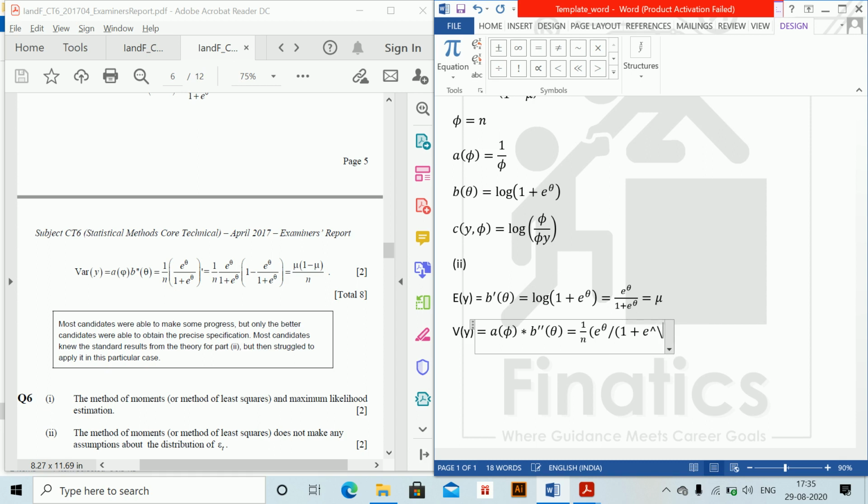Again, you can copy this from above instead of wasting time writing. So it equals 1 by n, and now I will not write.